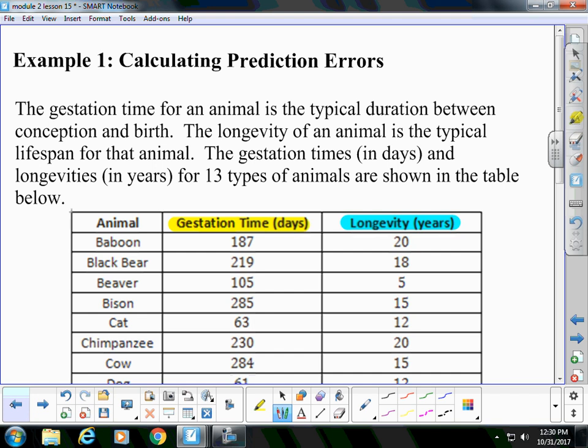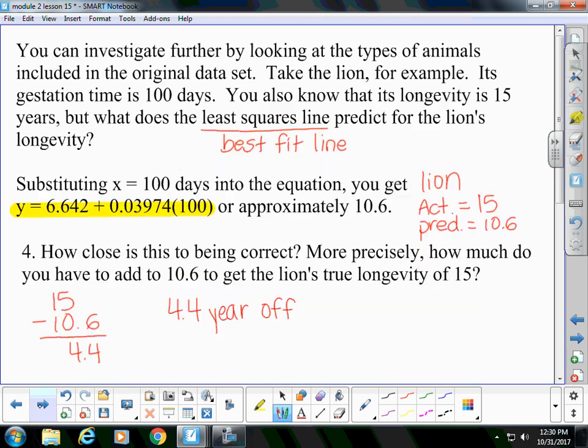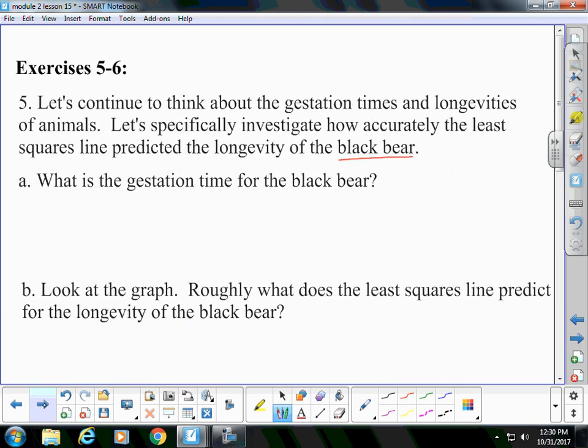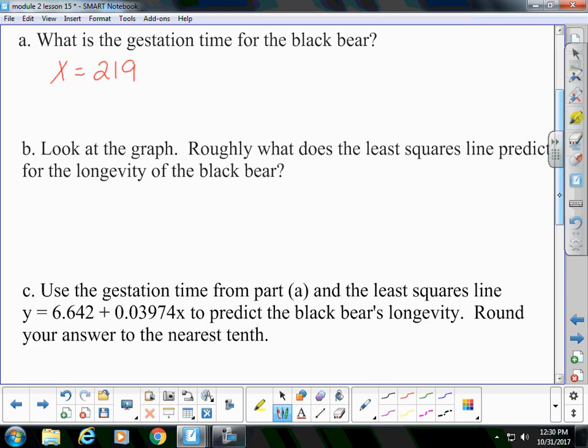The gestation time for the black bear is 219, and that would be our X. And then it says, look at the graph. Roughly, what does the least squares line predict for the longevity of the black bear?